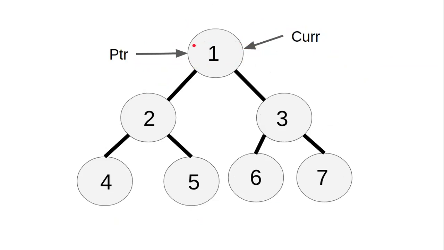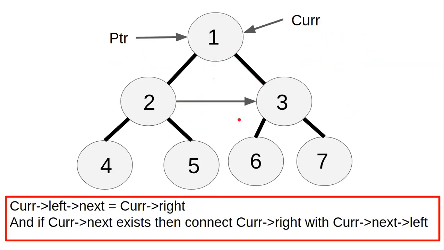Now PTR has assigned some job to current. The job of current is to connect both the left and right, as well as to see whether there is a node next to it. If that is the case, then it will connect its right node with the left node of the node which is next to it. So first of all, it will connect 2 and 3. Now it has done its work.